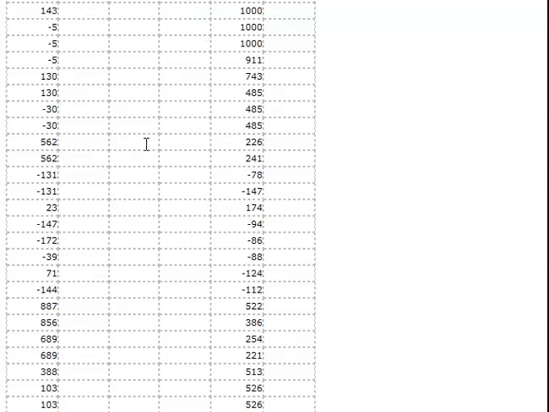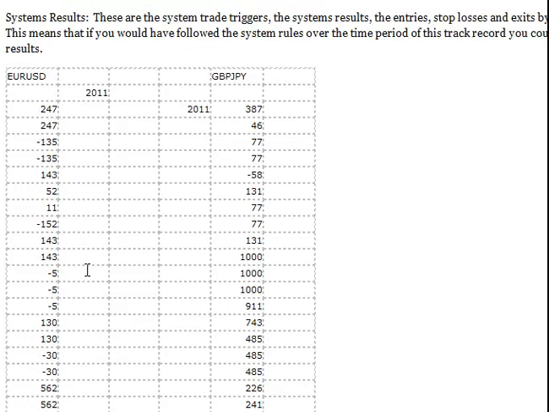You'll see what happens is when the market starts trending hard in a direction, you can see an absolute explosion with the Flux Squared system.